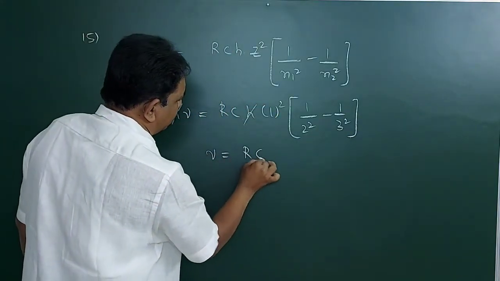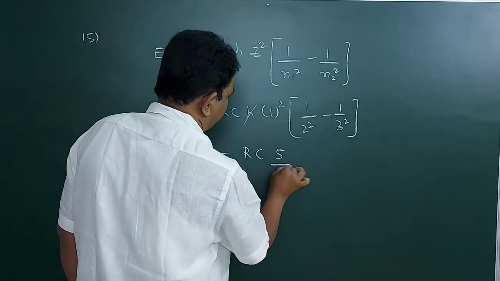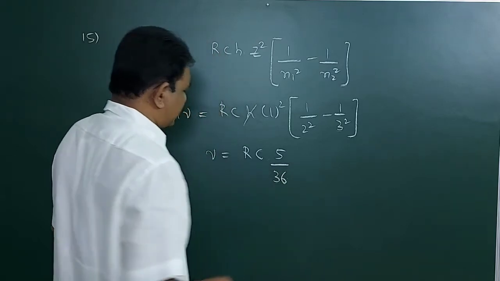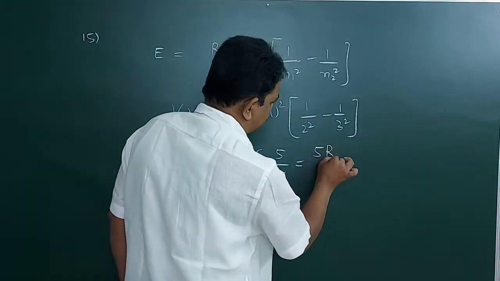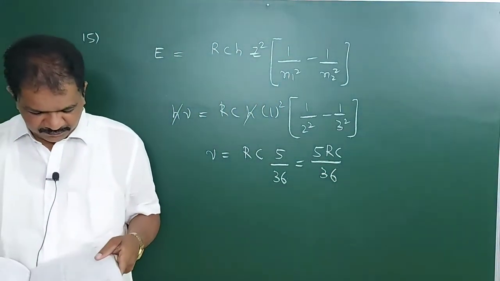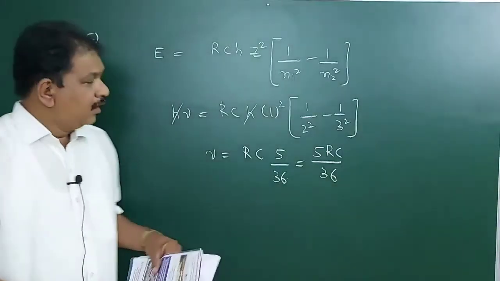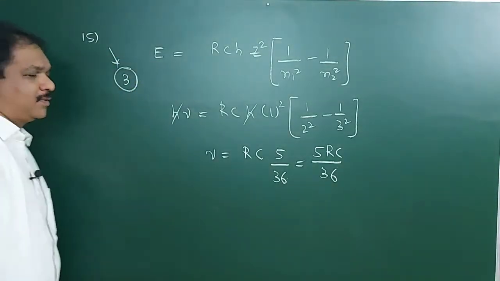Nu is equal to RC into 5 by 36. So the answer is 5 RC by 36. This will be the third option.